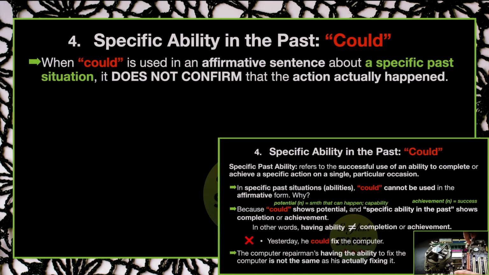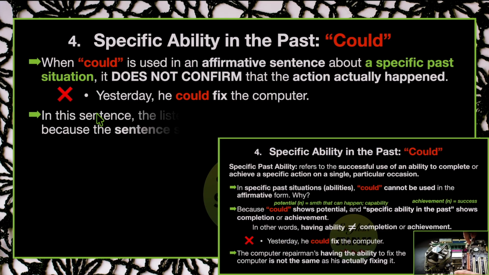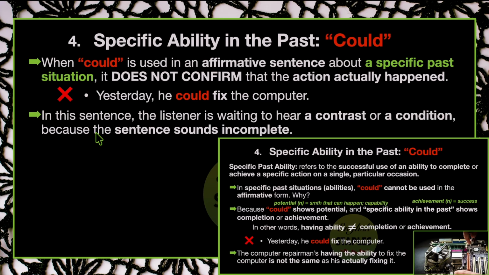That's exactly what we said here. Yesterday, he could fix the computer. We're just repeating the same sentence, just to have it here. And that does not work. In this sentence, the listener is waiting to hear a contrast or a condition because the sentence sounds incomplete. Yesterday, he could fix the computer.